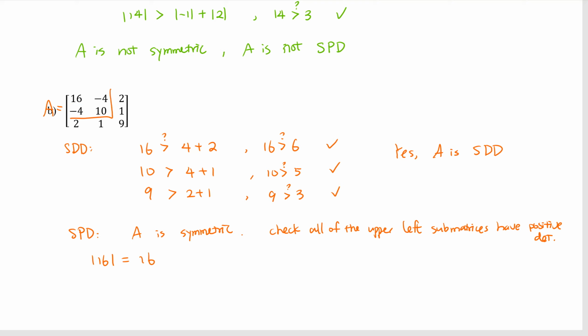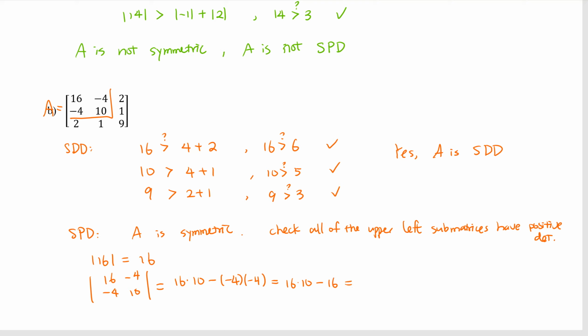Next, we have the matrix with 16, -4, and 10. Well, that determinant is 16 times 10 minus negative 4 times negative 4, which is 16 times 10 minus 16.